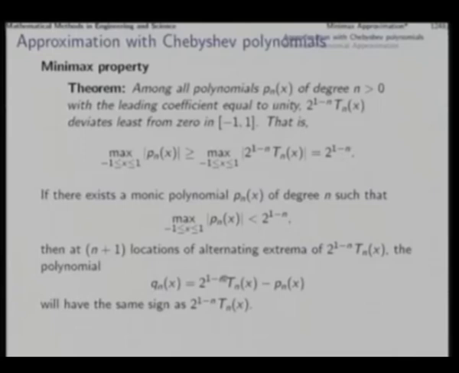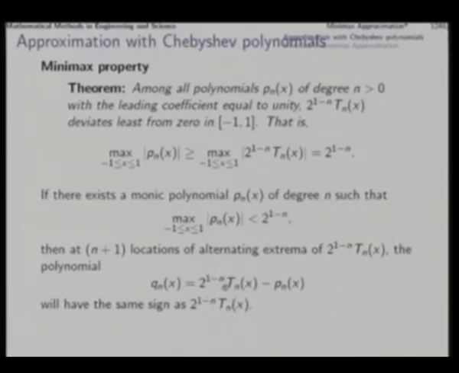If this is positive, then whatever be the value of this, the difference will be positive. If this is negative, then whatever be the value of p n, the difference will be negative, because this function's value has been assumed to be less than the extremum value of this, and we are evaluating at the extremum points. Then this difference polynomial will have the same sign as the first part.